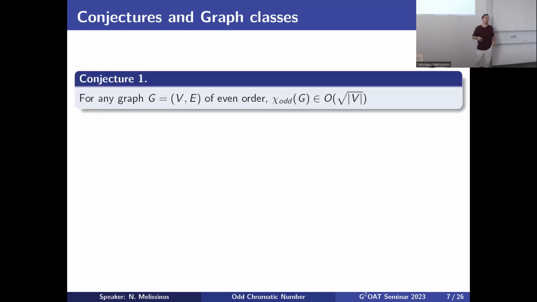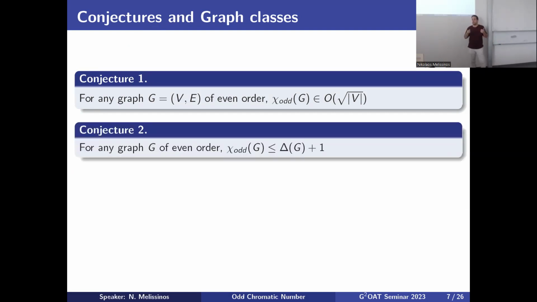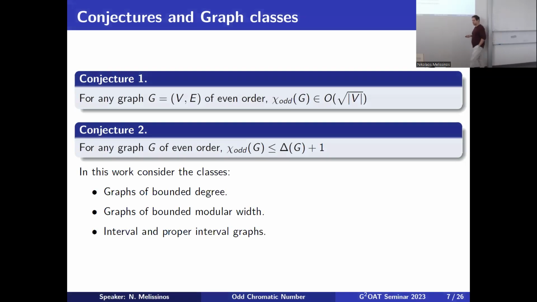The first conjecture is that probably no graph is going to need more than square root of the vertices colors, and the other one is that probably we are not going to need more than maximum degree plus 1 colors.